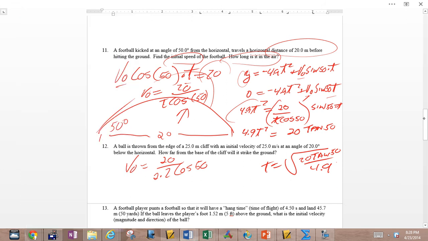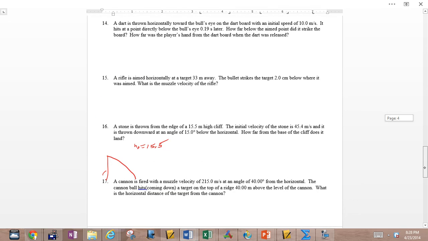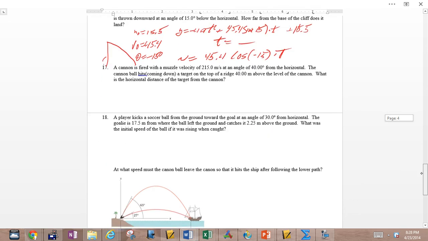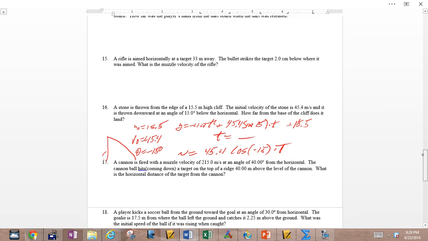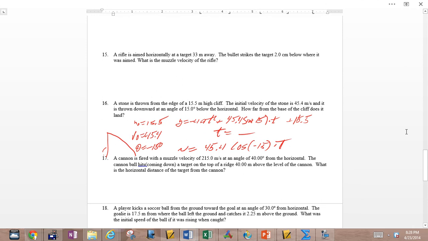Let's go through another one here. Down here, this is number 16. The stone is thrown from the edge of a cliff 15.5 meters high. That's my h sub 0, 15.5. It is thrown with an initial velocity, there's my v sub 0, downward at an angle of 15 degrees.